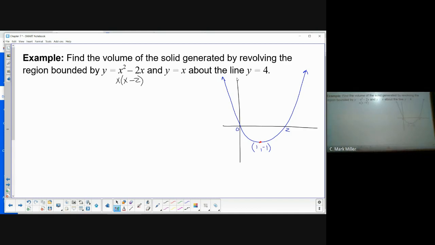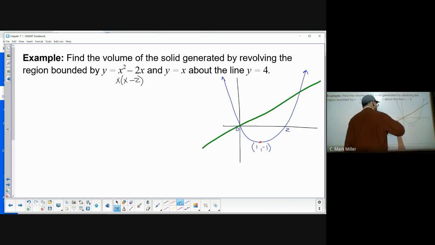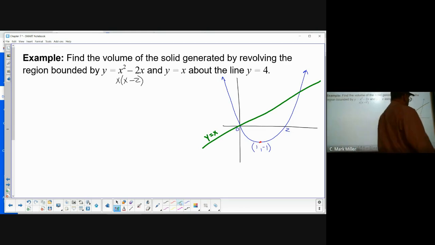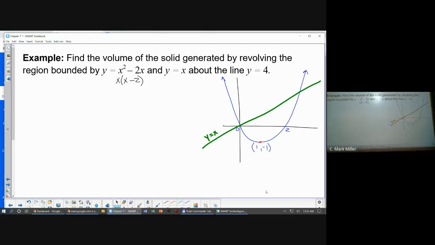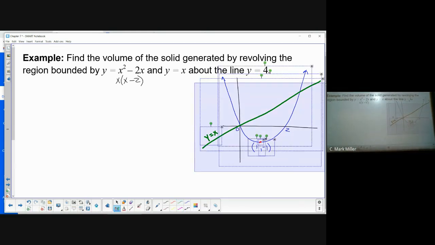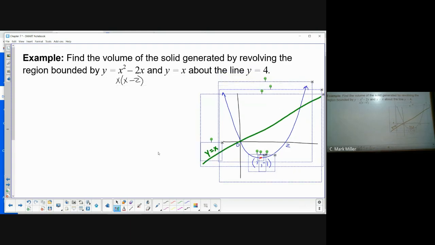Now we have a line y equals x. And so this is our region here.